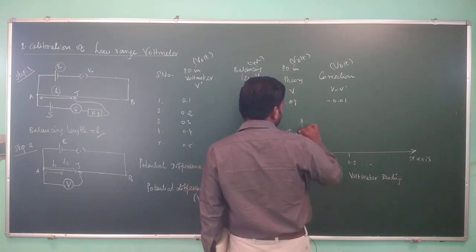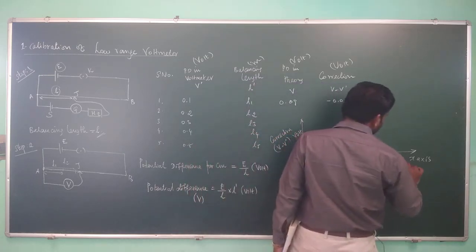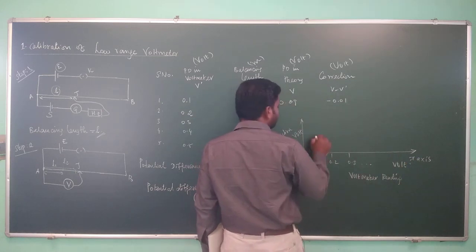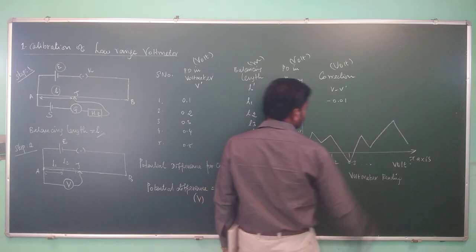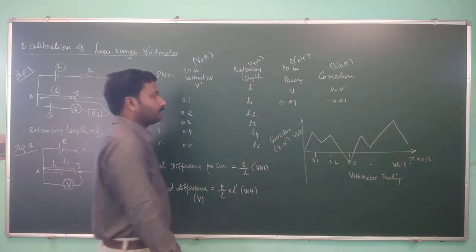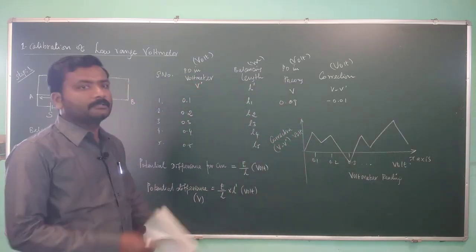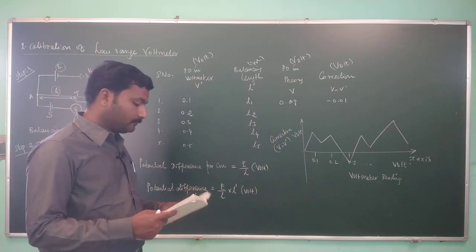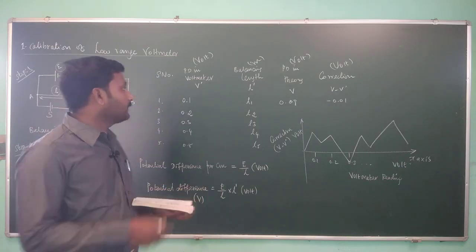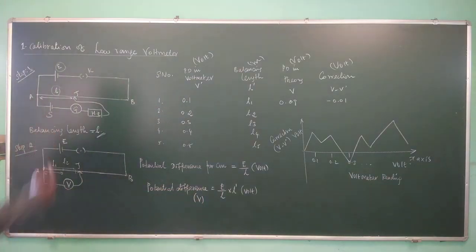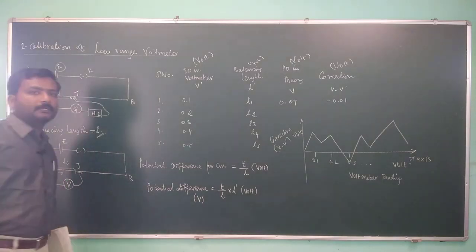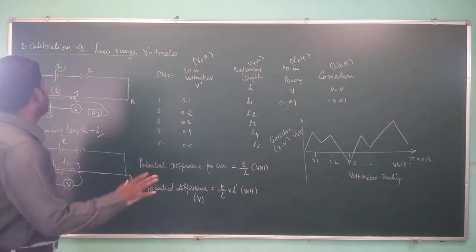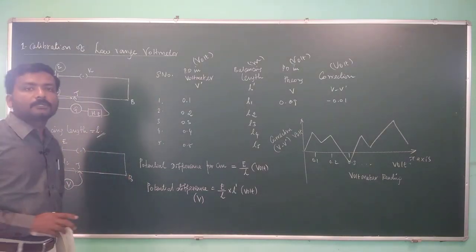This is in volt, and you will get a curve like this. This calibration curve we can draw, and from this we can get an idea about how this voltmeter deviates from the theoretical estimation. So this is how we can calibrate the low range voltmeter.